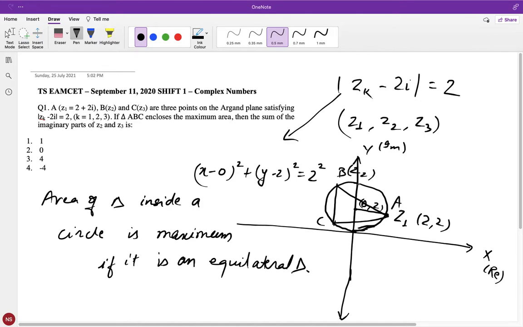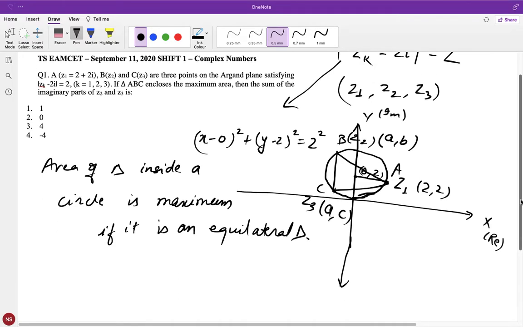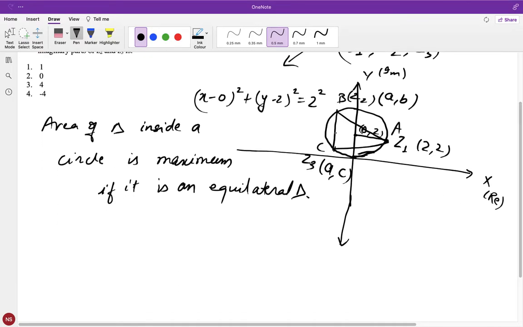So if B is Z2 and C is Z3, let us say this is (a, b) and this is (a, c). Why am I saying the real part of these 2 points is equal?